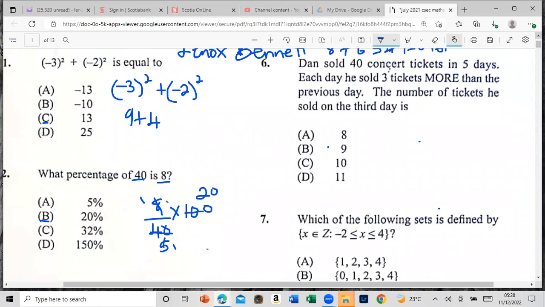This one said Dan sold 40 tickets in 5 days. Each day he sold 3 tickets more than the previous day. The number of tickets he sold on the third day is. Alright, so let us put things in perspective. Let us say on the first day he sold x. Second day, x plus 3.